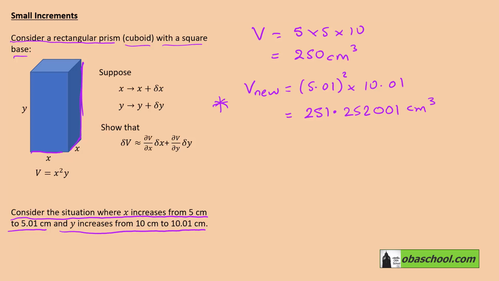Now let's try that using our increments formula. So delta V would be, now in this case, remember, this comes to 2xy delta x plus x squared delta y. So that is going to be 2 times 5 times 10 times 0.01 plus 5 squared times 0.01.